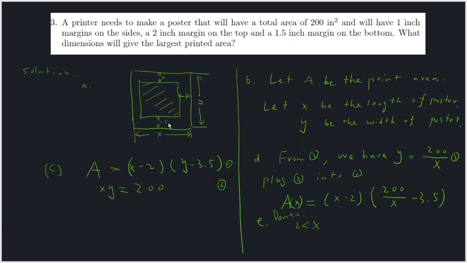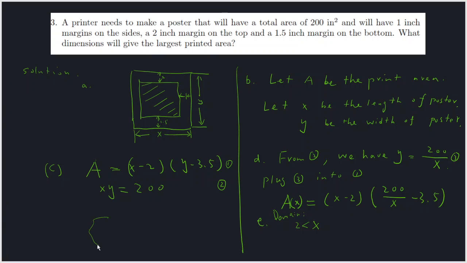So the least possible value of y is the total of the top margin and the bottom margin, which is 3.5. Now remember, the least possible value of y is 3.5. And you have a relation between x and y in here. You use the least possible value of y, 3.5, to determine the largest possible value of x.